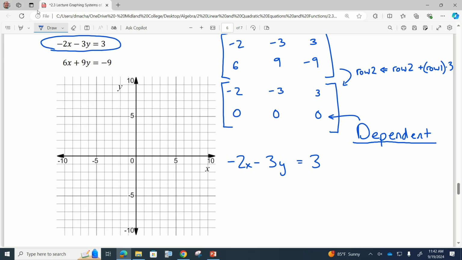This time, when I graph, I'm going to solve for y first. And I'm going to add 2x to both sides. And to solve for y, I would want to divide both sides by negative 3.